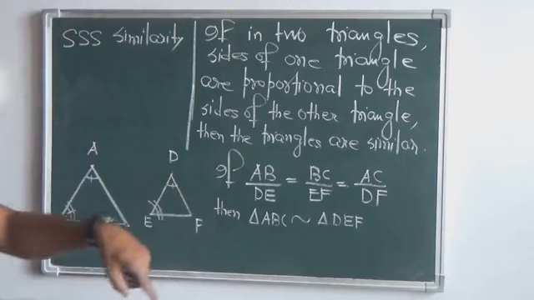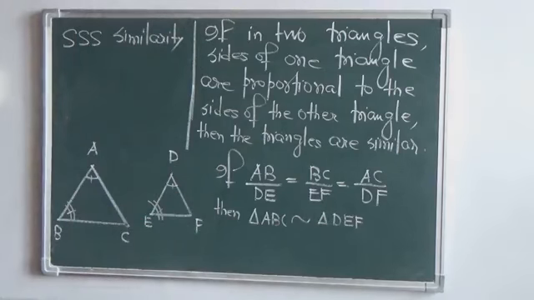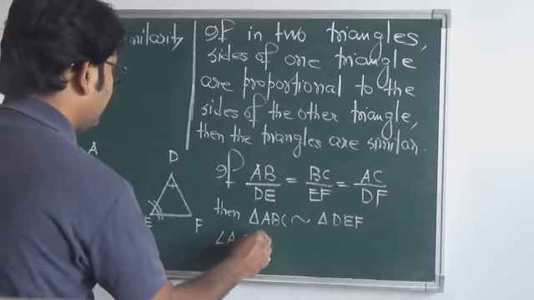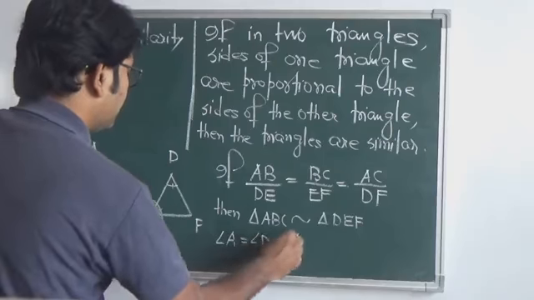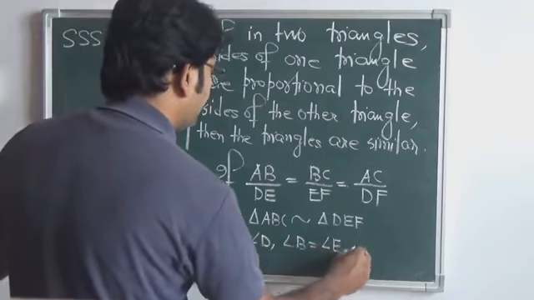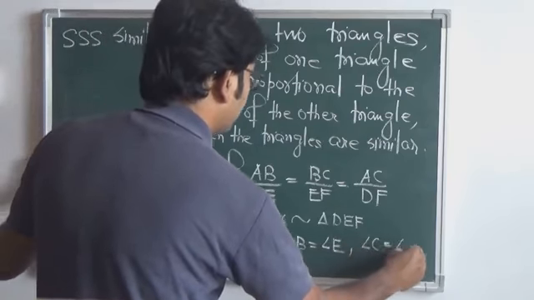And once they become similar, then we know that the other condition, that is the corresponding angles, automatically becomes equal. So we have angle A equal to angle D, angle B equal to angle E, and angle C equal to angle F.